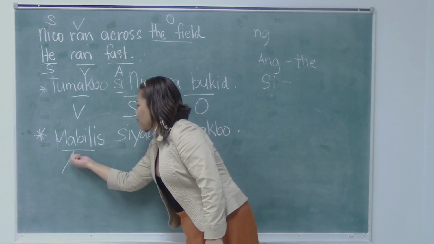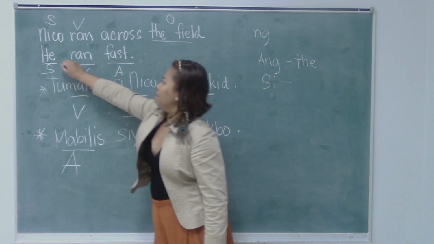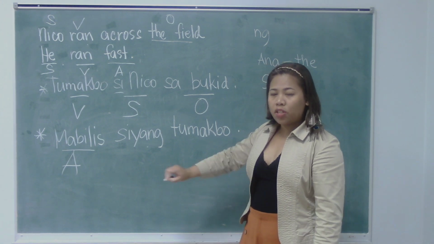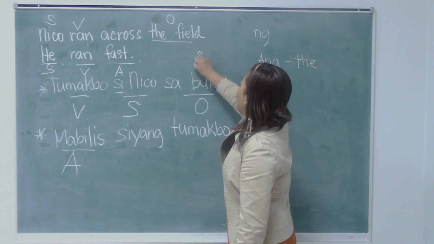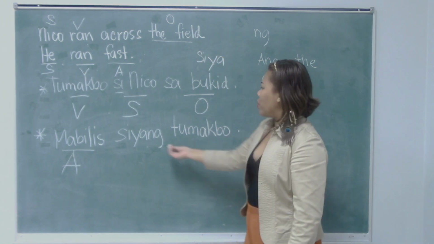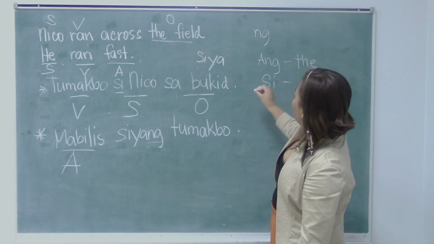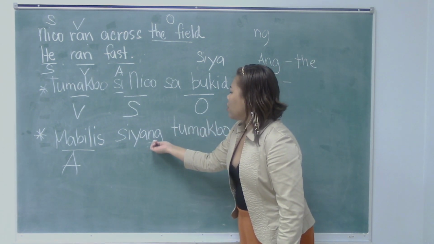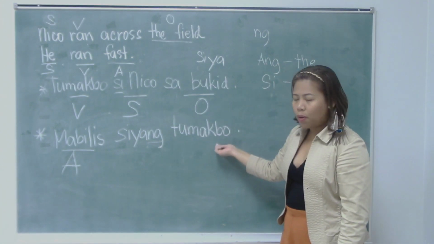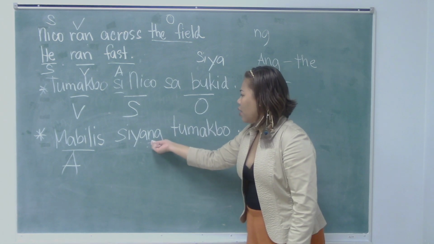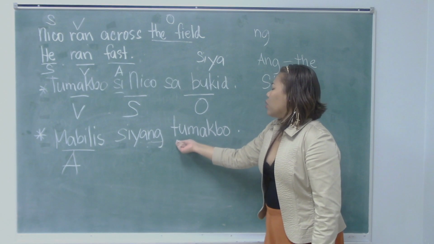Mabilis is your adjective. Look what happened to the original translation of he, which, if you can still remember in the past lessons, is siya. But then we are going to use a connector so that this one will not sound broken. Siya and then the verb tumakbo would need to be connected to each other. So siya became siyang. Mabilis siyang tumakbo.